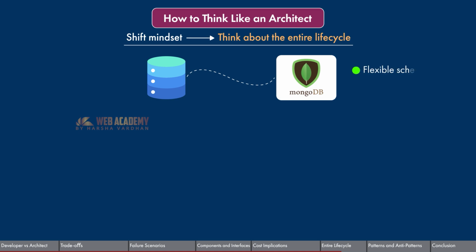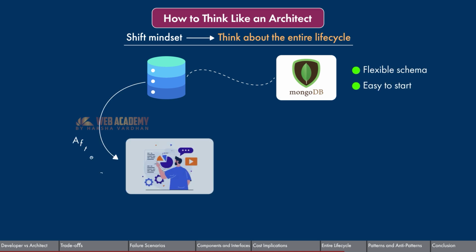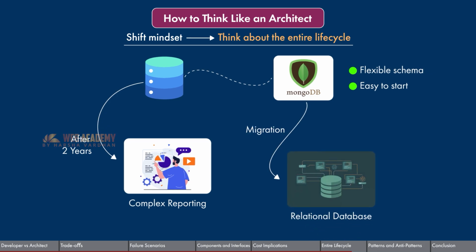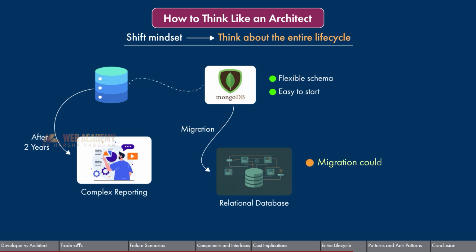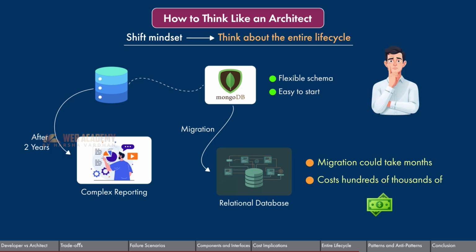The flexible schema, easy to start. But what happens 2 years later when you need complex reporting? MongoDB is not great for that, and you might need to migrate to a relational database. That migration could take months and cost hundreds of thousands of dollars. An architect thinks about these future scenarios and makes decisions accordingly.